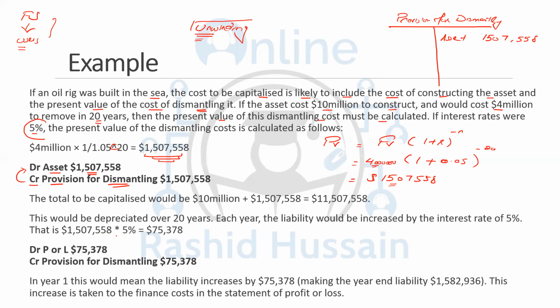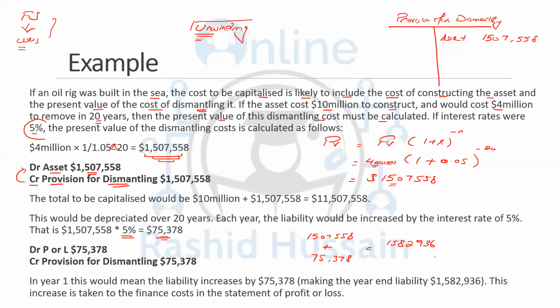15,07,558, and at the end of the first year, you're going to multiply it by 5%. This will give you the figure of 75,378. And you're going to take 15,07,558 plus that 5%, 75,378. At the end of the first year, this figure is going to be 15,82,936.